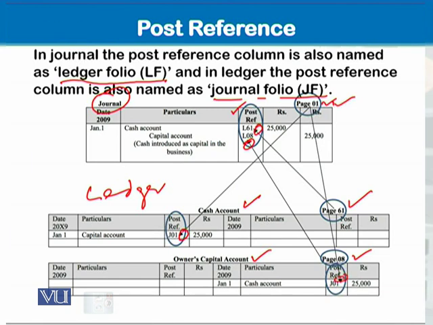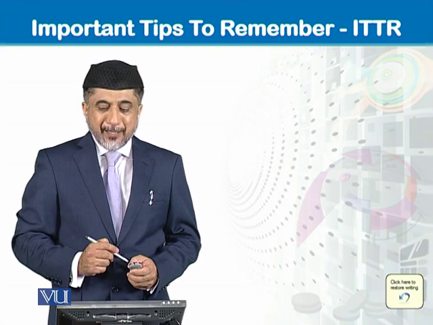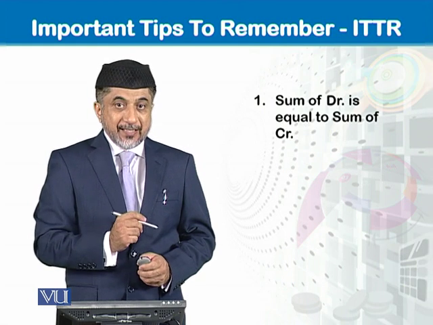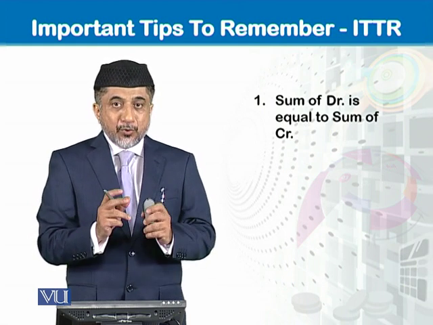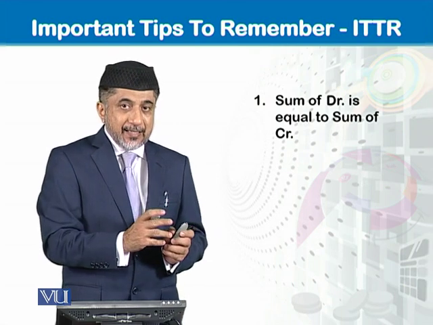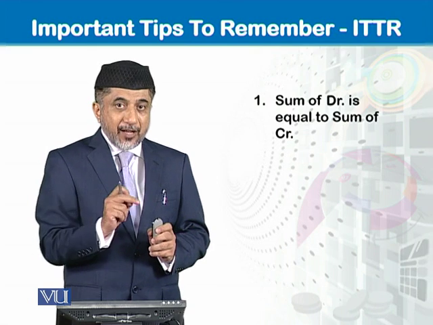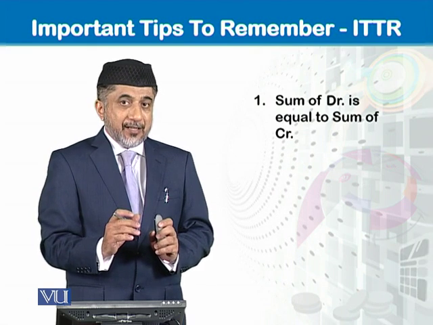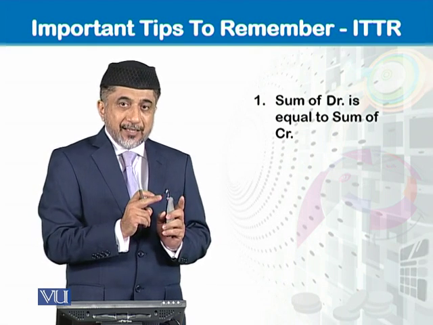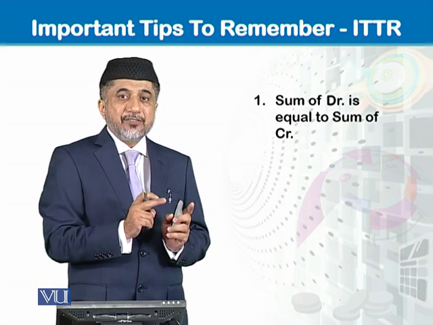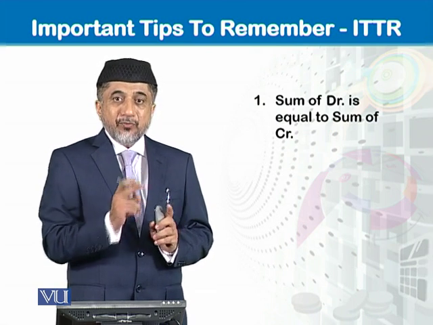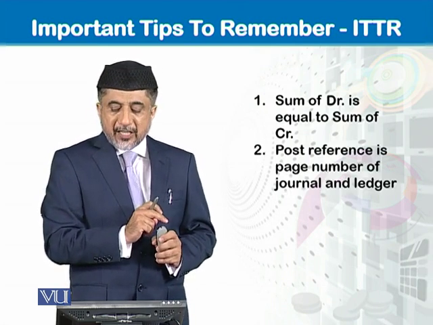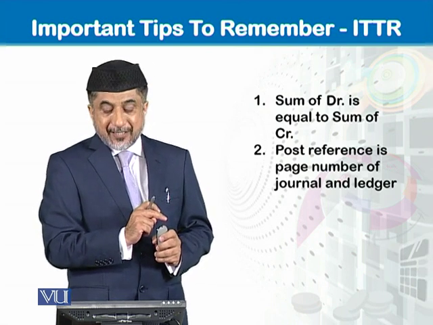Very well. The important tips to remember are, first, that the sum of debit is always equal to the sum of credit. This is what you observed while posting the compound entry in the ledger: 35,000 is the sum appearing in the credit side of capital because of 25,000 in cash and 10,000 in computer. Second, post reference is the page number of the journal and ledger.